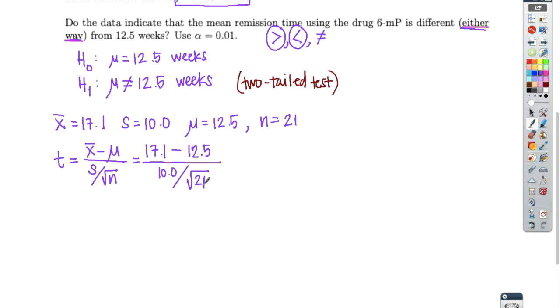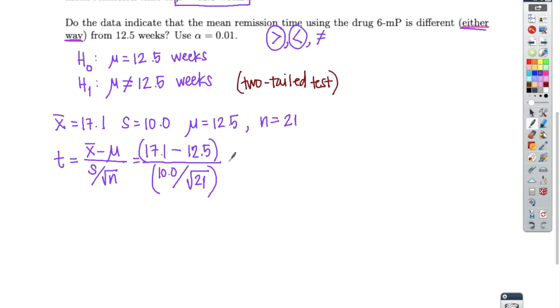Careful with parentheses, make sure that your numerator is in parentheses, otherwise that'll throw things off. Same with the denominator, square root 21. I put it into my calculator like this, just to make sure that everything stays on the side of the fraction that I want.